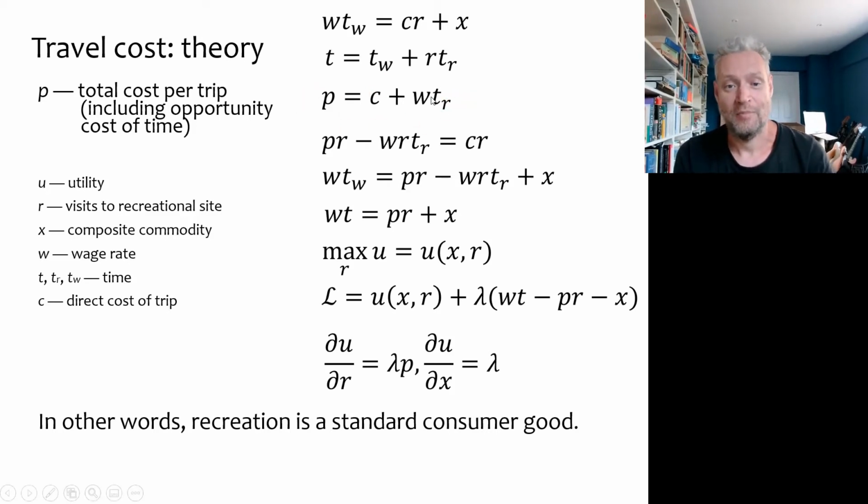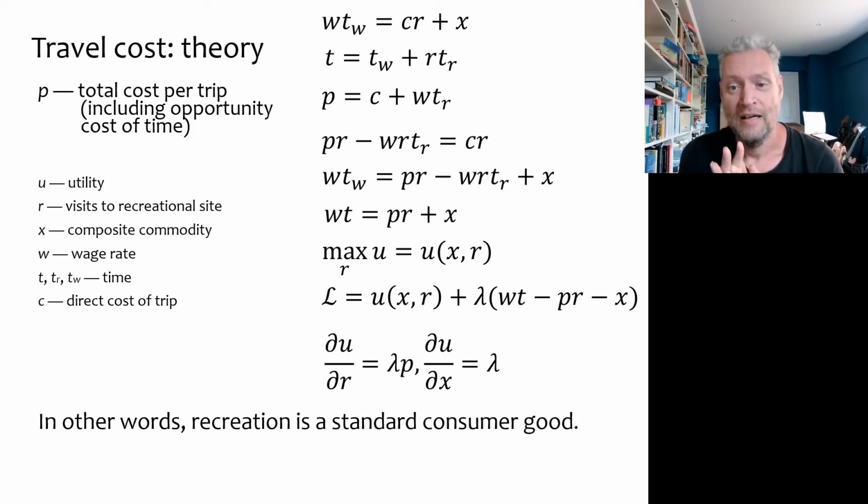If we bring WTR to the other side of the equation and multiply everything by R, then this equation becomes this equation. So now we have an expression for CR. We plug this into here to get this expression.